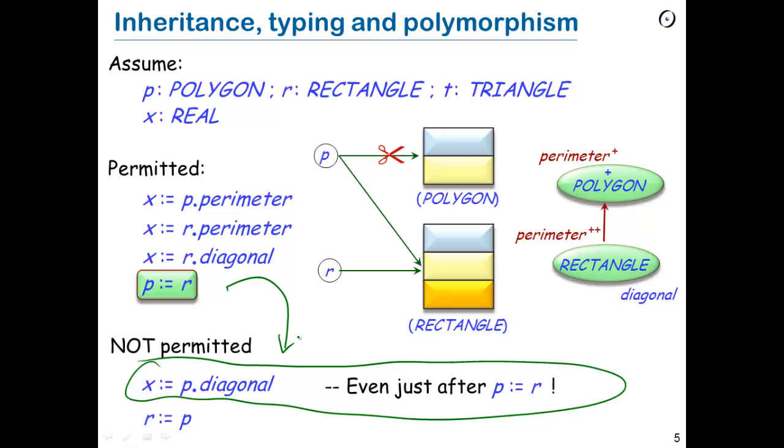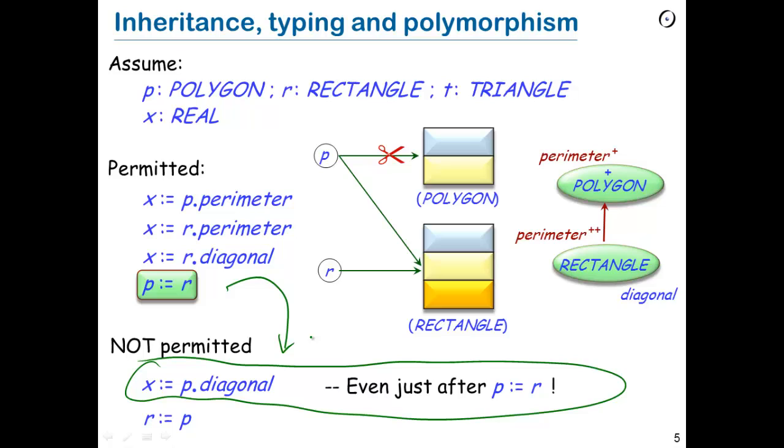It's not just that the compiler is going to be rejecting some of your programs. It's also that if it accepts your program, then you have the guarantee that certain kinds of errors are not going to happen at runtime. And these are type errors like trying to apply the feature diagonal to something that happens to be a rectangle and which doesn't have a diagonal, of course.